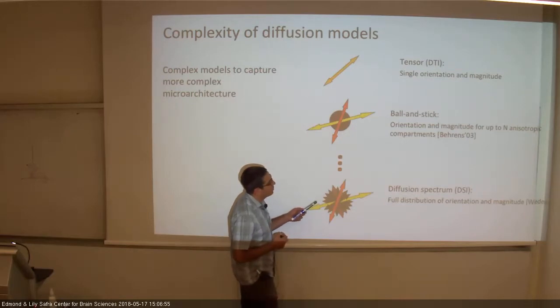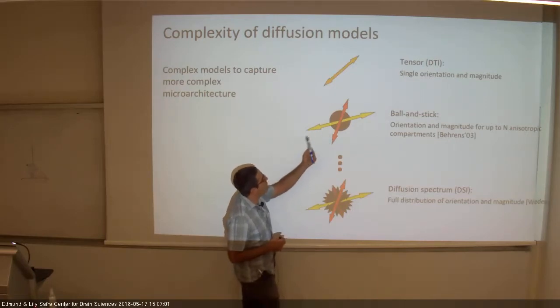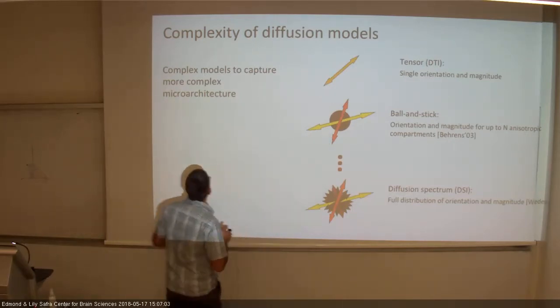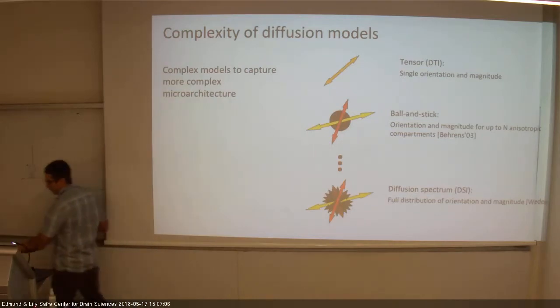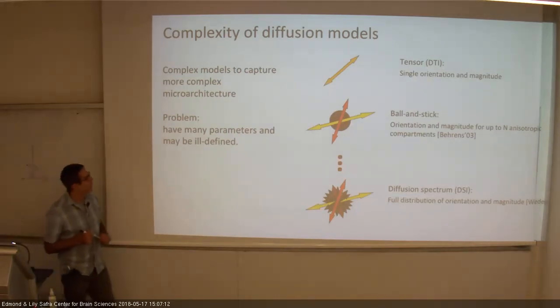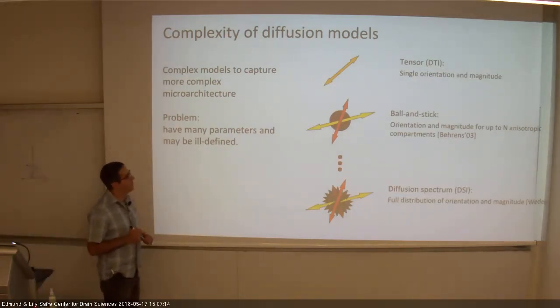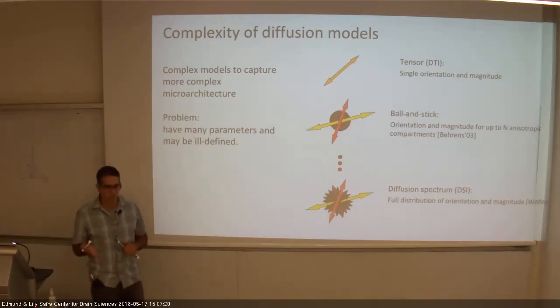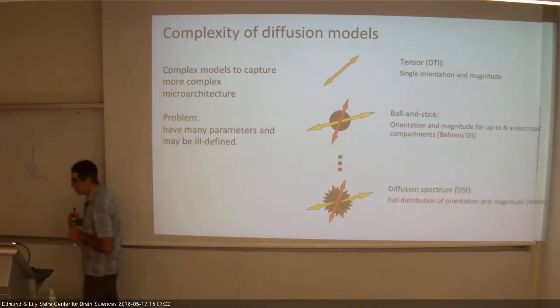They call it spectrum imaging because they try to find all the main orientations that are needed in the Fourier transform in here. In here is the ball and stick that I showed you. The first one is the tensor. Okay, and as we said, the main problem is that there might be many parameters, and we might end up with an ill-defined system that we need to fit. We're adding more measurements, but those measurements are typically with noise, with greater noise.